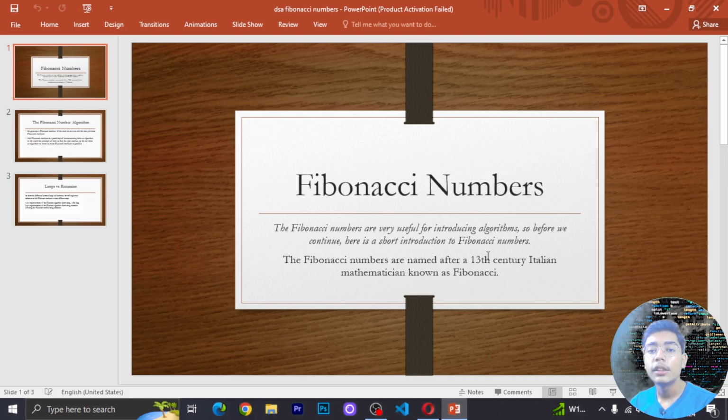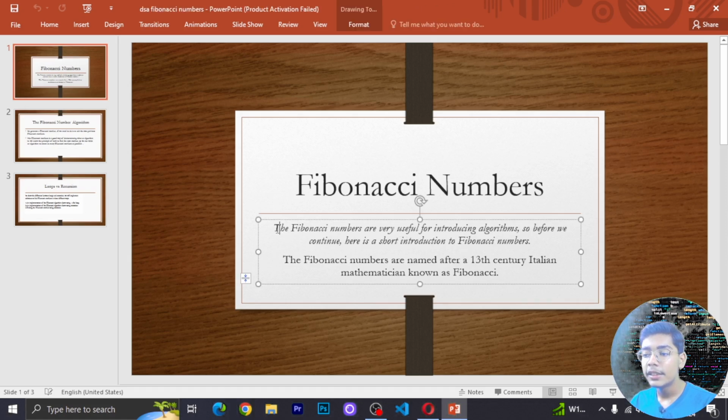You can use Fibonacci numbers in Python, in C++, in C, and in JavaScript as well. So in all the languages, Fibonacci numbers will be useful for introducing algorithms, if you're using data structure algorithm there.